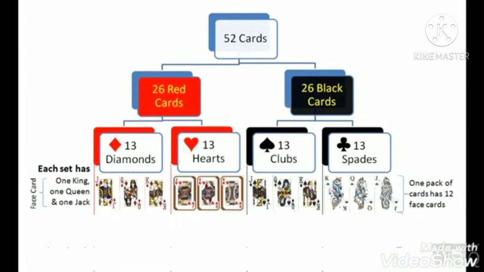Clubs also have 3 face cards, and spades also have 3 face cards. So one pack of cards has 12 face cards. So if the question is, one card is picked up from 52 cards, what is the probability that it would be a face card? There are 12 face cards, so the probability would be 12 by 52.